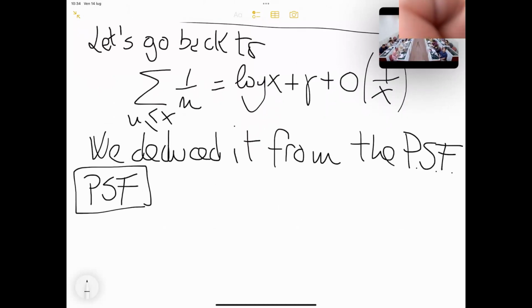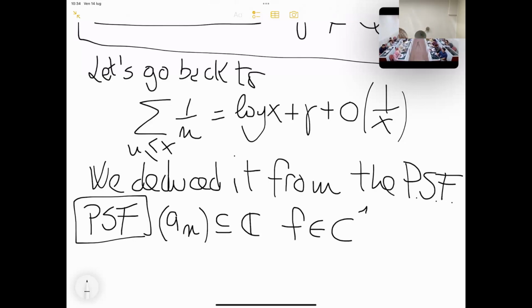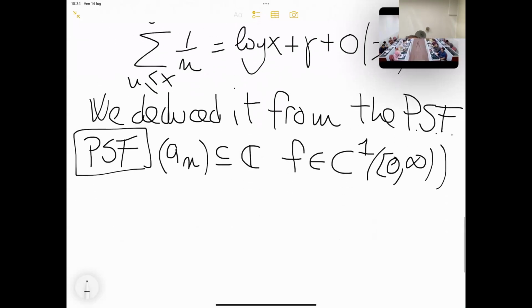it's the following identity. So we're taking a sequence of complex numbers. We're taking a function which is C1 between 0 and infinity. I think I said between 1 and infinity, but it has to be C1 in the region where I need it to be C1.